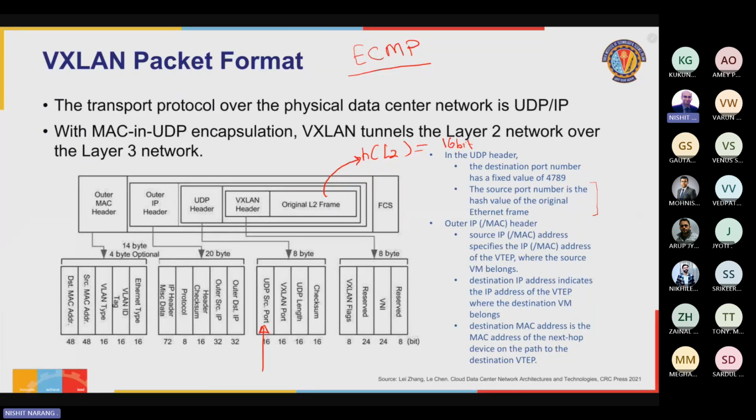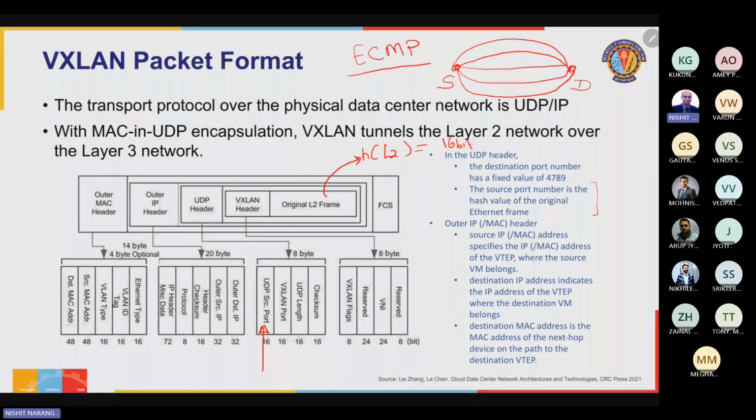ECMP is defined in such a manner that when there are multiple parallel equal cost paths between a source and a destination, how does ECMP distribute the traffic across multiple paths? It uses the UDP port numbers.